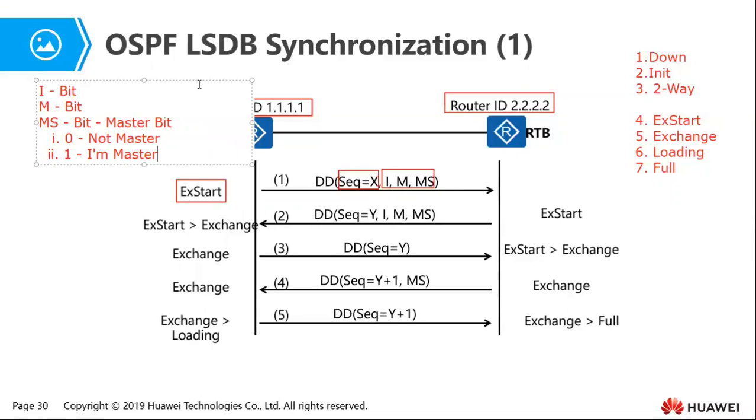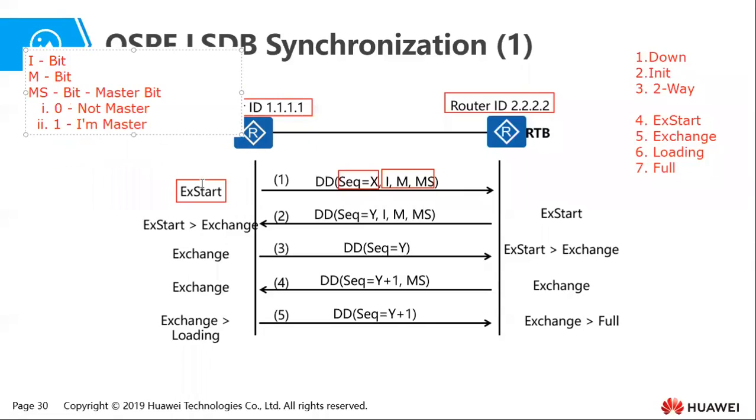So initially, when RTA is sending this first DDD packet to RTB, it will set the MS bit to 1, meaning I am master. Everyone initially asserts themselves as the master. So that's the master bit.